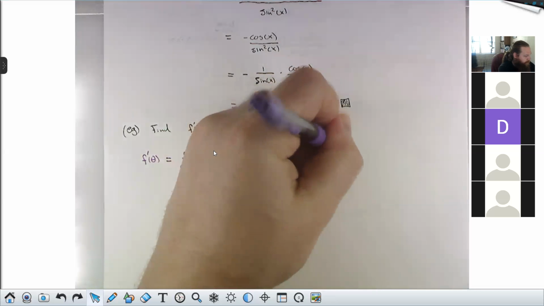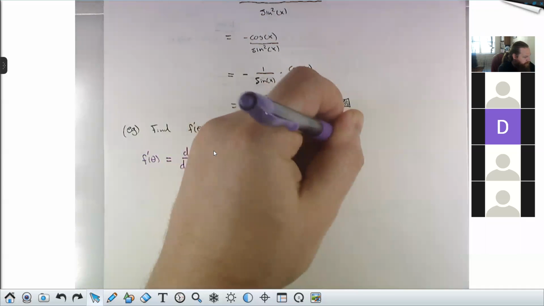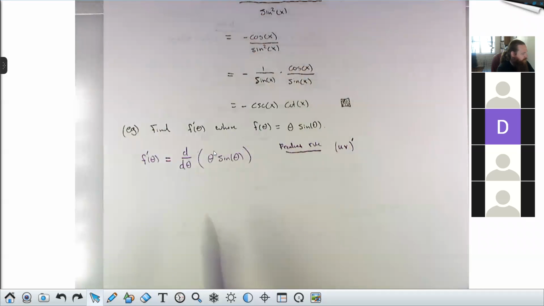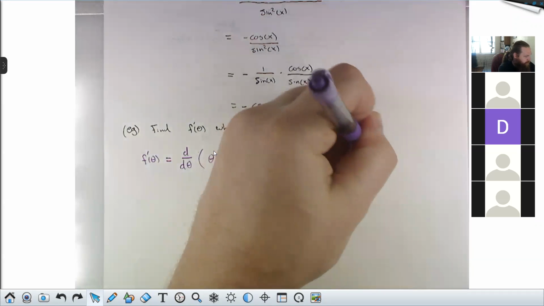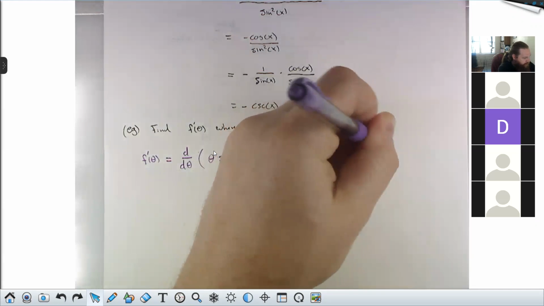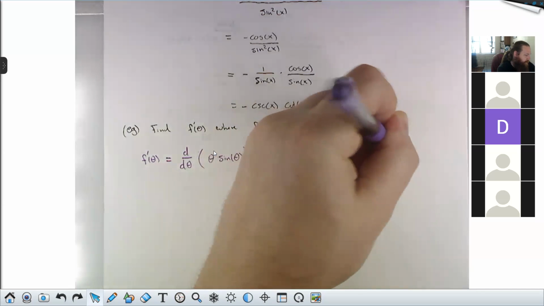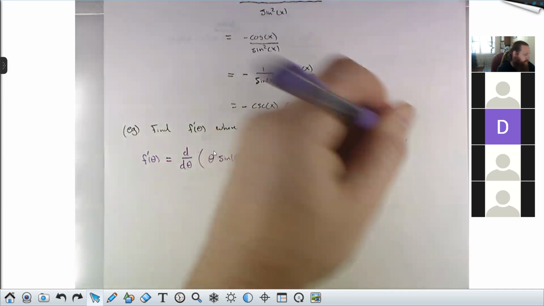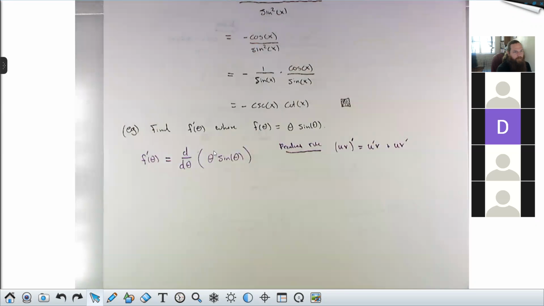Okay, and I'll write it in terms of u's and v's here because we've already got the variable f spoken for. You differentiate the one, leave the other alone, and then add that to what you get when you leave the one alone and differentiate the other. Most of them involve the chain rule also.